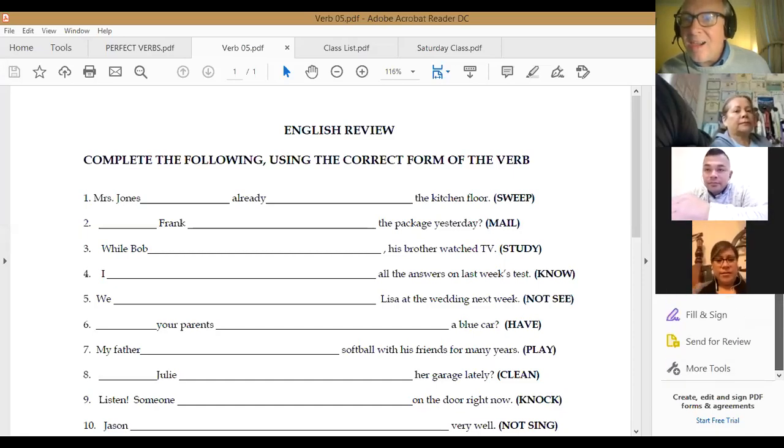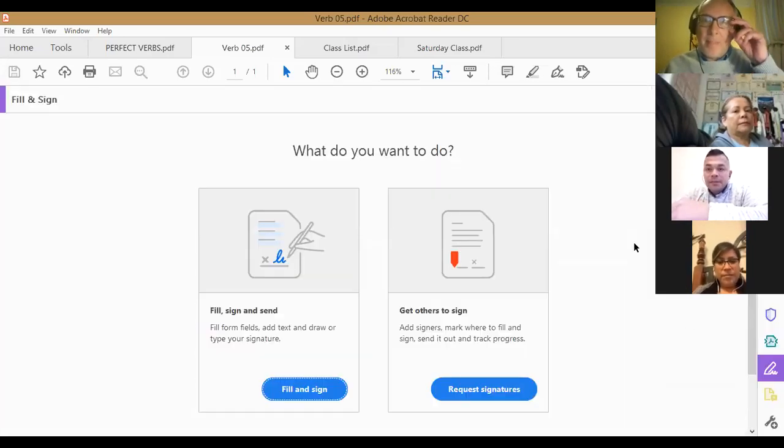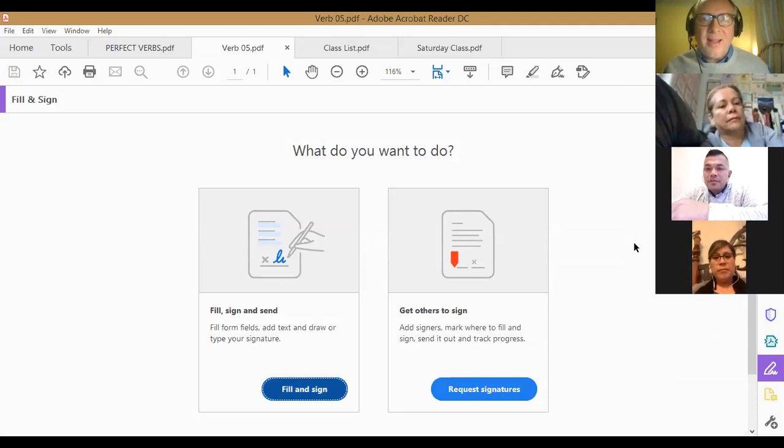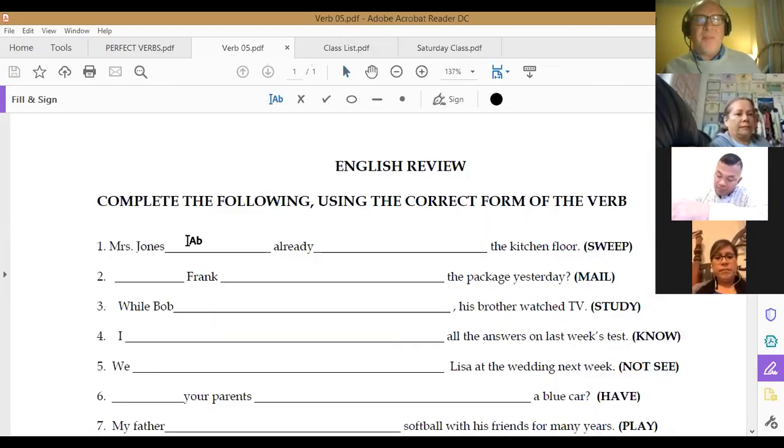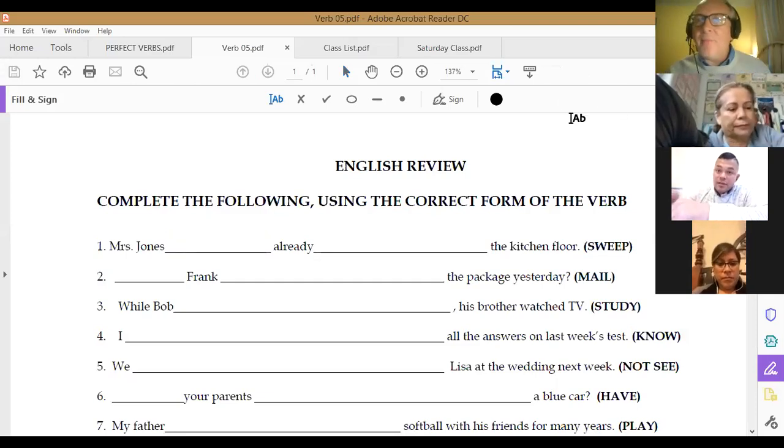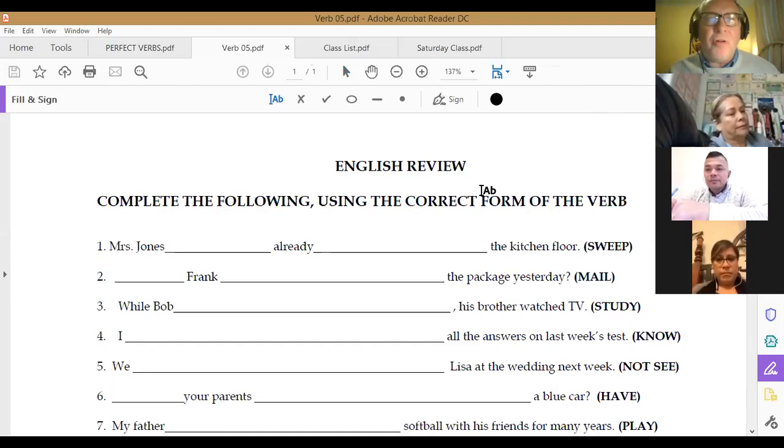Yes, teacher. It disappeared for a second because I have to push another button. It's back. Now again, I sent this to everybody in the Remind app, so you might have it already printed out on your computer. But let's see what we can do here.